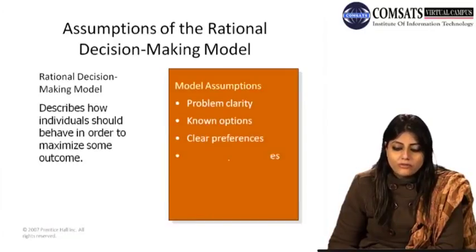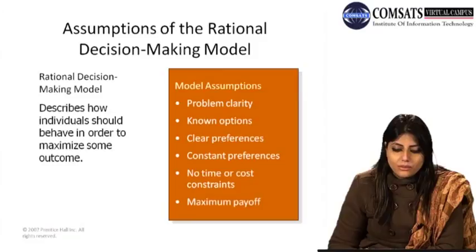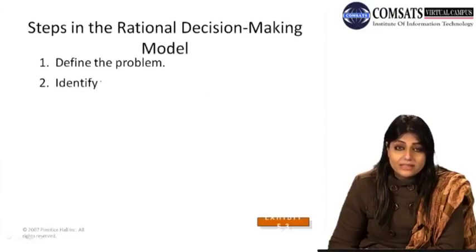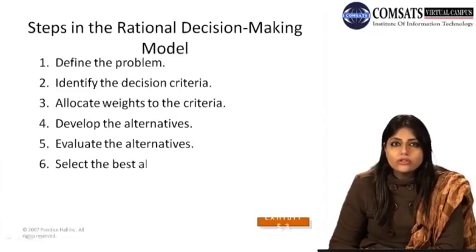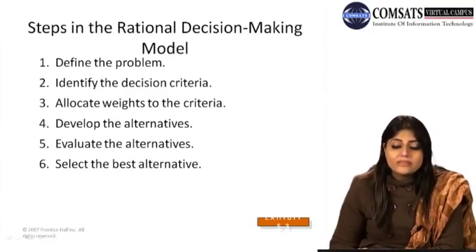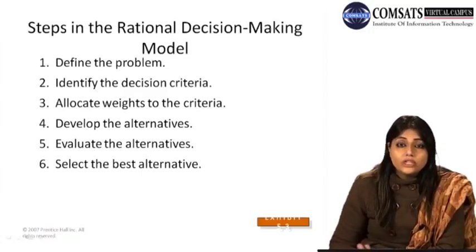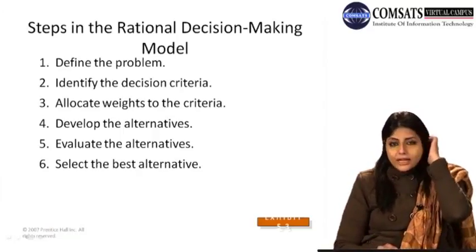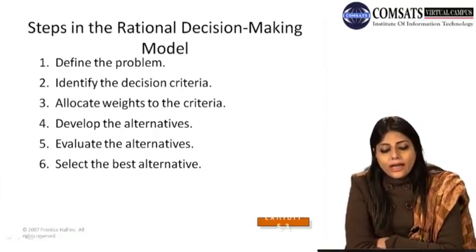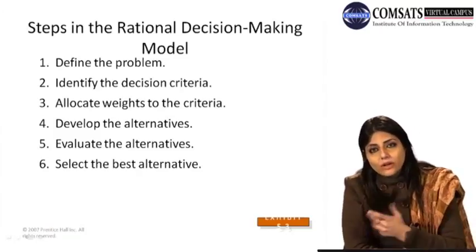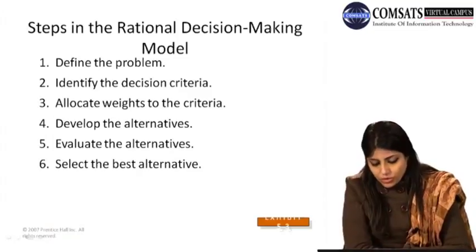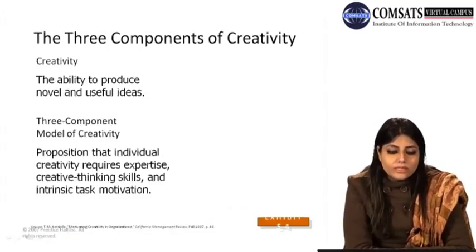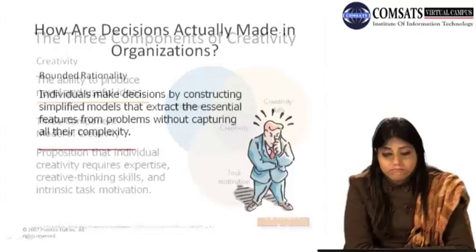We discussed a number of assumptions of this model, and a number of steps that need to be taken in rational decision making: defining the problem, identifying the decision criteria, allocating weights to those criteria, developing the alternatives, evaluating those alternatives based on those criteria, and then selecting the best alternative.